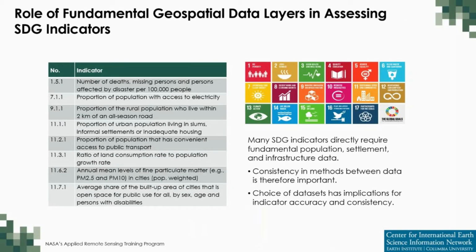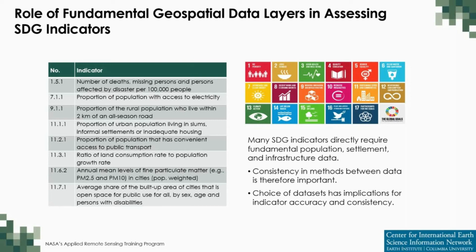So stemming from that, NASA funded a set of projects under the Geo-Human Planet Initiative. The one I lead has focused on how population and settlement data can help improve estimation of a number of the SDG indicators.